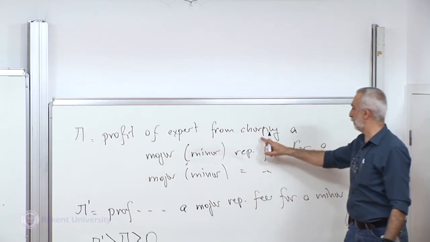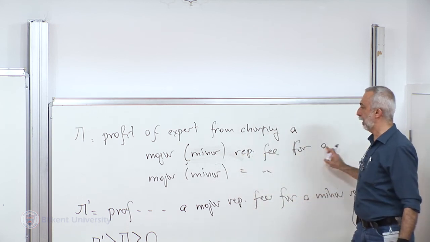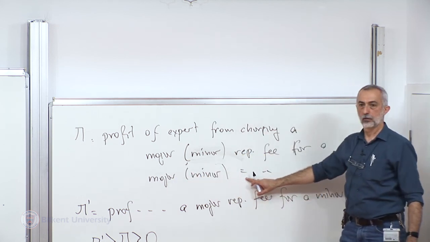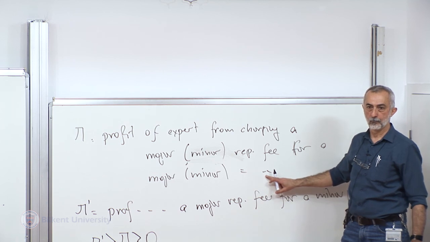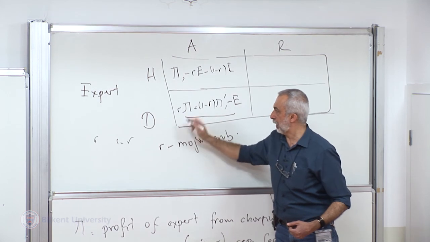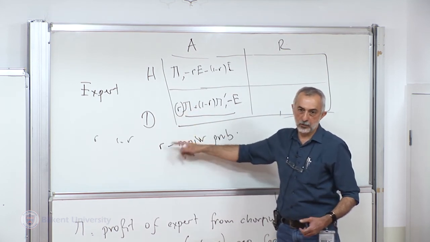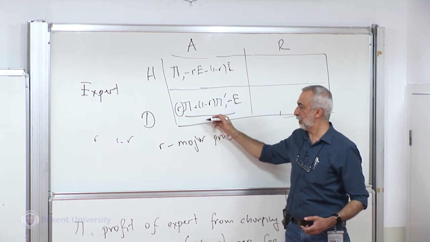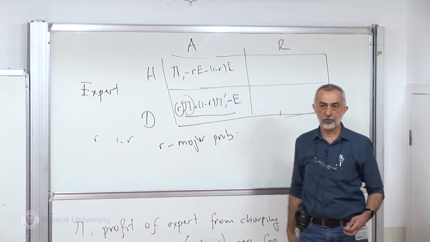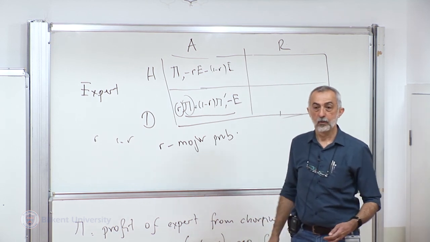The profit of an expert from charging a major repair fee for a major repair problem. So with r probability, the problem was major, and he charged a major problem fee, so his payoff is pi. But is he dishonest in this case?